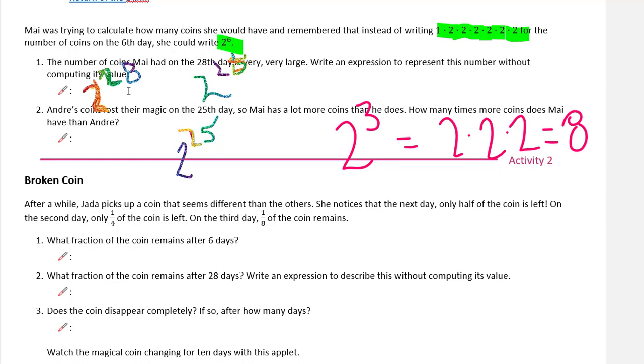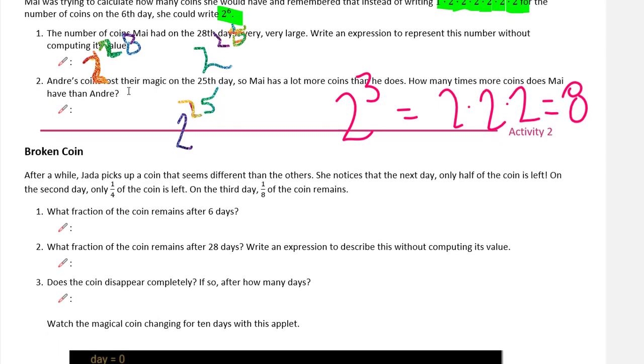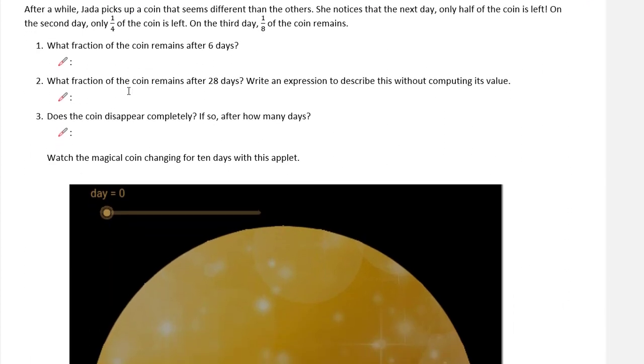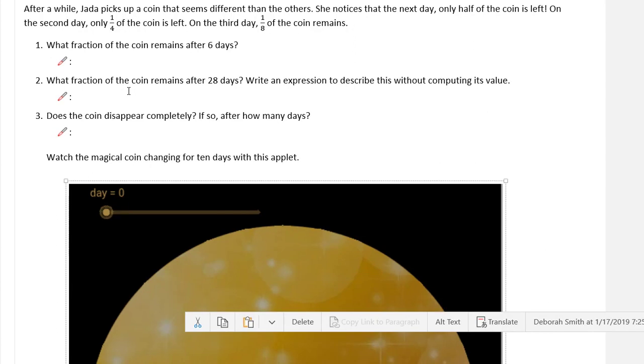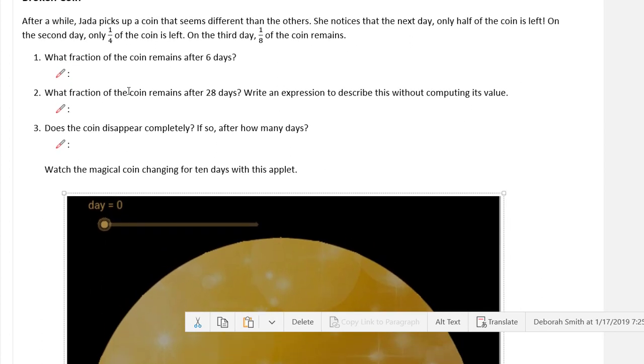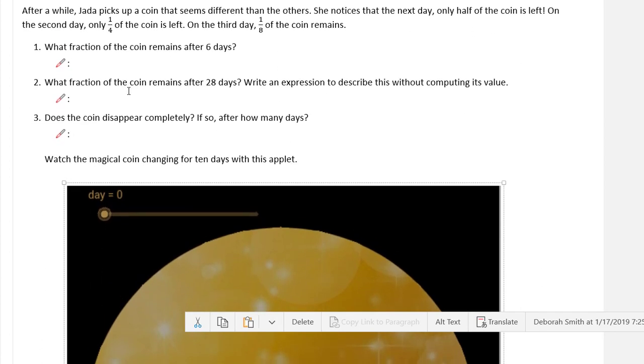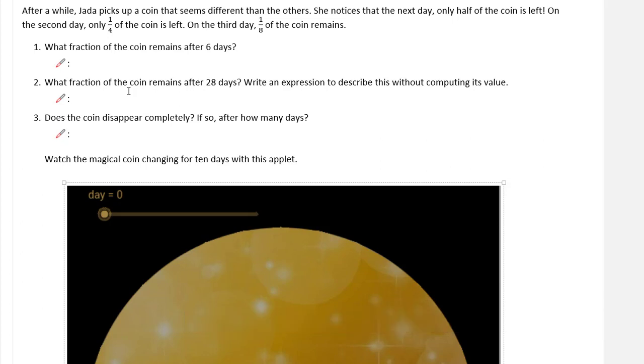We could also use exponents with fractions. So after a while, Jada picks up a coin that seems different than the others. She notices that the next day only half of the coin is left. On the second day, only 1/4 of the coin is left. On the third day, 1/8 of the coin remains. What fraction remains after 6 days?